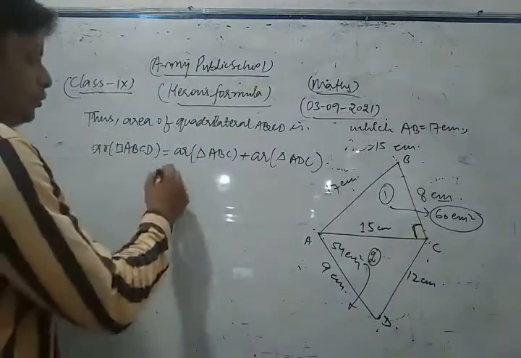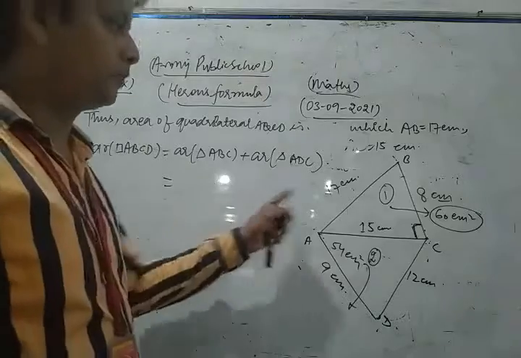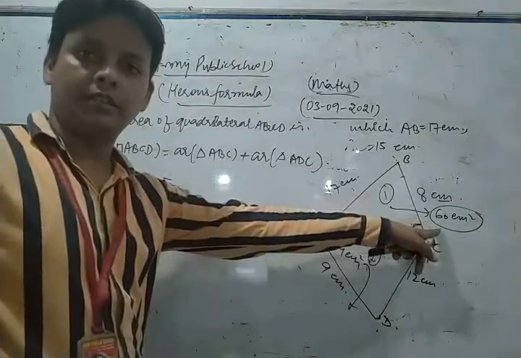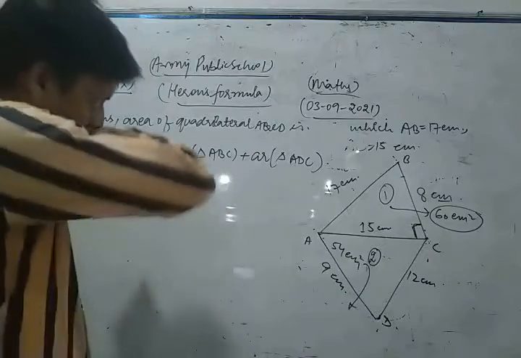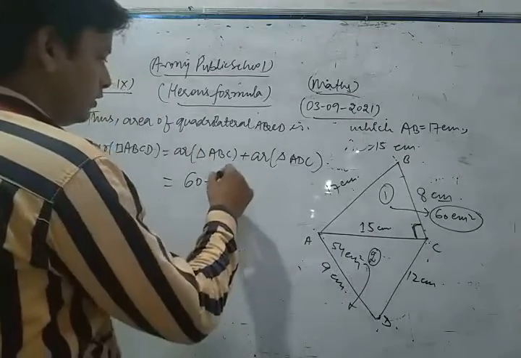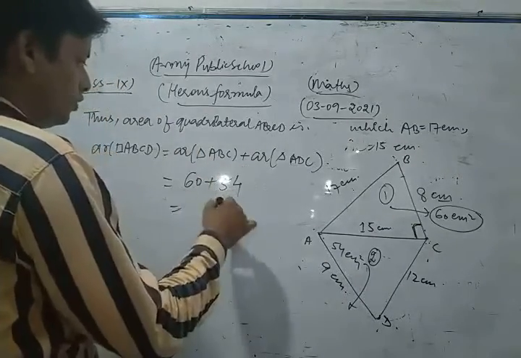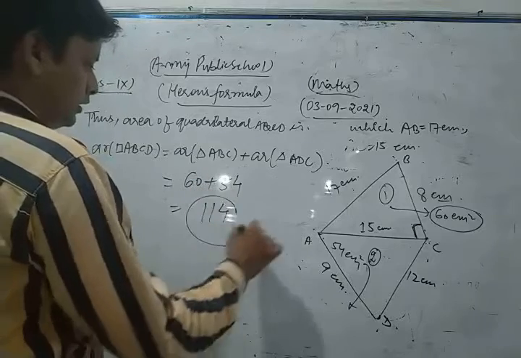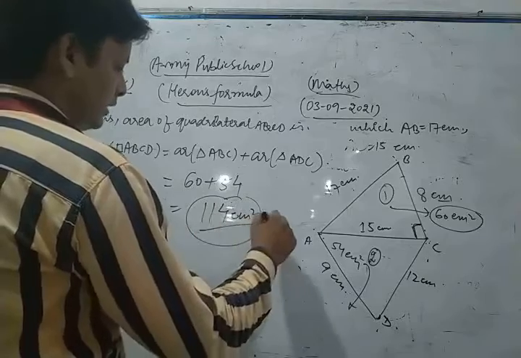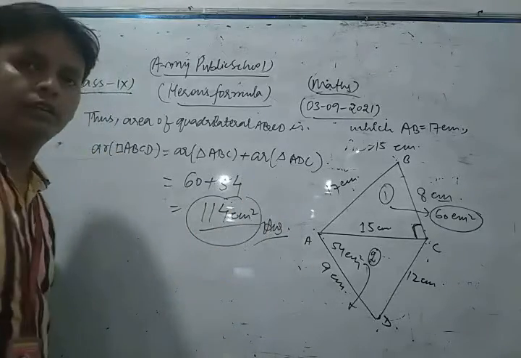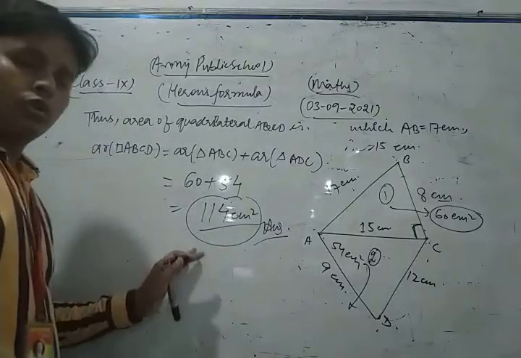Now we add them. The area of triangle ABC, which we found, is 60 centimeter square. So here we put 60 plus ADC, which is 54. So we get 114 centimeter square. This is the required solution of the given question.